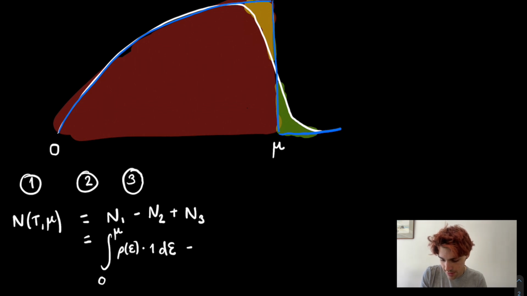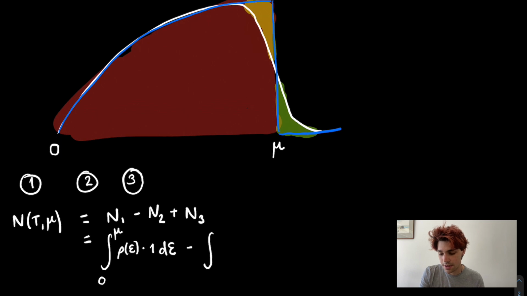What about this next part right here, N2? What's that going to be? Well, N2 is a little bit more complicated in that we can consider this region right here to be the subtraction of everything under the blue curve minus everything under the white curve. But instead of being between any limit, we're just now going to consider this part.